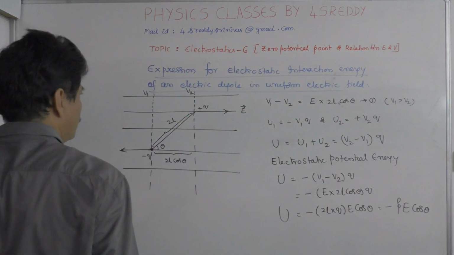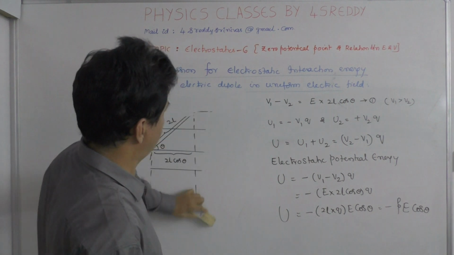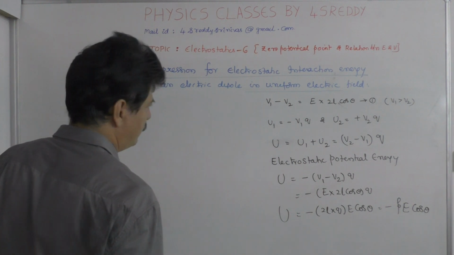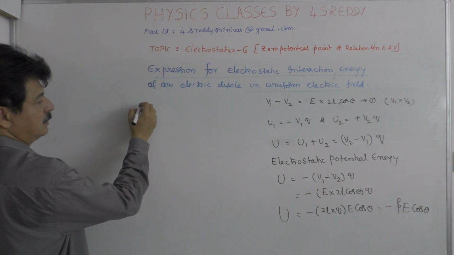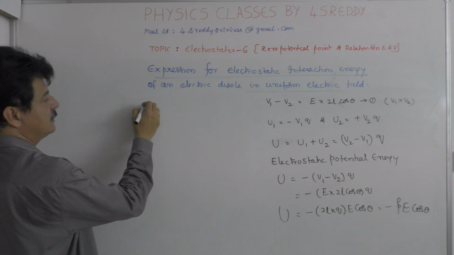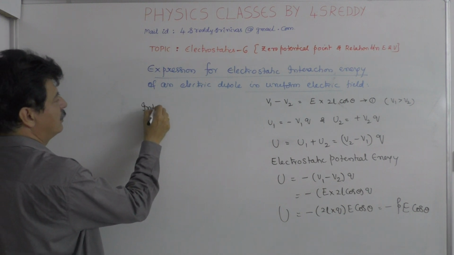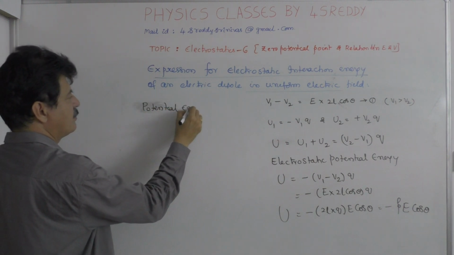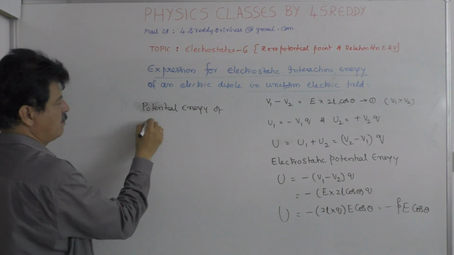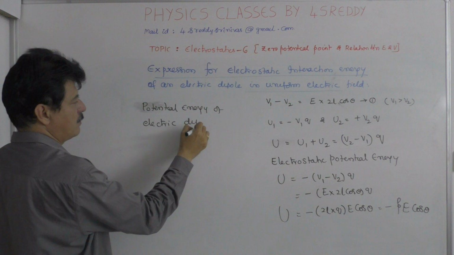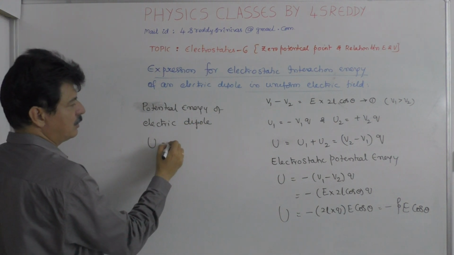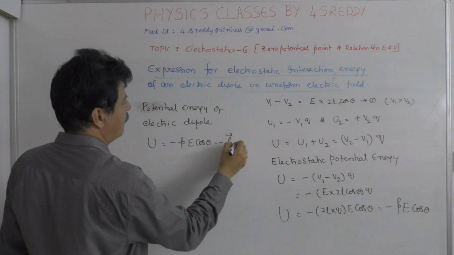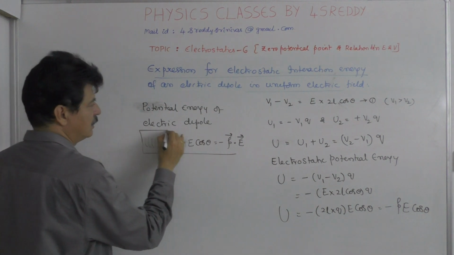Therefore, the potential energy or interaction energy of an electric dipole is given by U is equal to minus PE cos theta, or this can be written as minus P bar dot E bar.